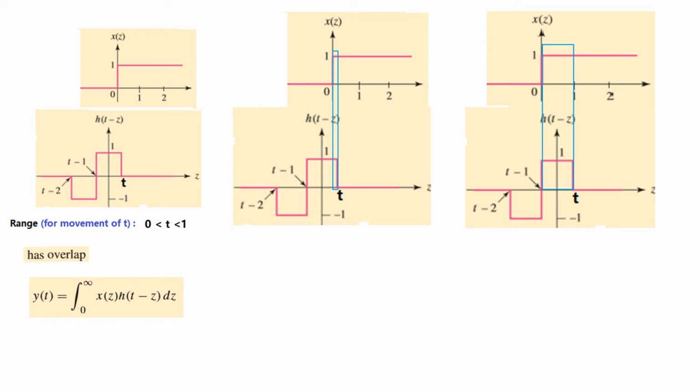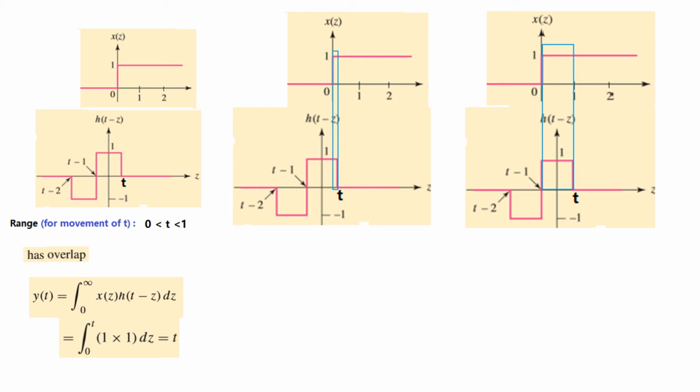The starting point is 0. Similarly, in this case, the starting point is 0. But the ending point, we don't know the value here, so we'll take this value. We know this is t. And same here, since it is short of 1, we don't know the value, but we know that it is t. So our limit will now be from 0 to t.